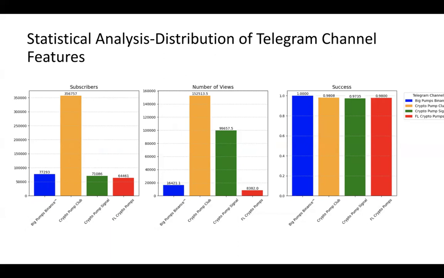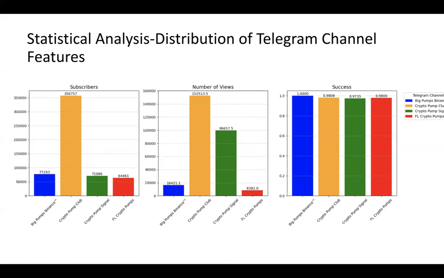And next, I analyzed the 4 channels based on their subscribers, average views for the pump announcements, and success rate. The other 3 channels had a daily subscriber exit rate of about 3%, but CryptoPump signal grew its follower base by 5% daily. Despite not having the largest subscriber base, the CryptoPump signal channel shows higher engagement, with more views and comments on pump announcements and higher peak returns.